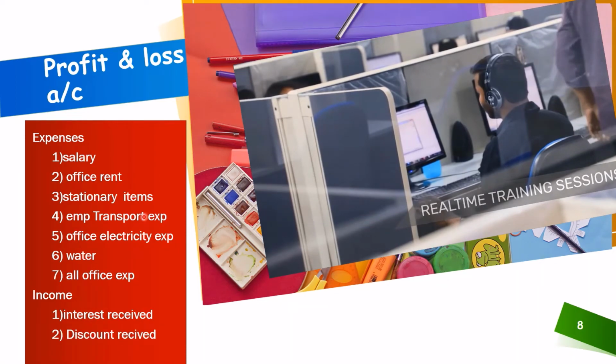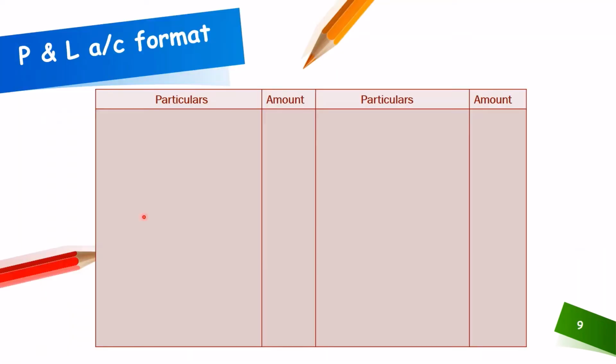If you observe here, the profit and loss account is also linked with the trading account. The same process here also: whatever we did in the trading account, we record all the expenses on the left hand side and all the incomes on the right hand side.